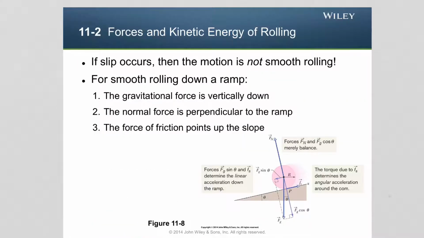Now let's look at a more specific example of rolling, and that is the example of a ball or a sphere rolling down an incline. So first of all, rolling is a motion that occurs without slipping.